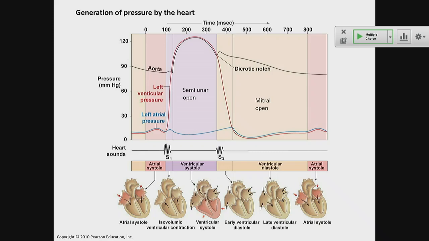And how do you think the pressure inside the ventricle can differ during this phase from both of the compartments?